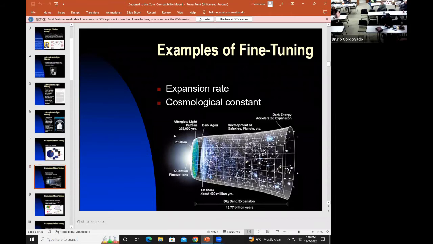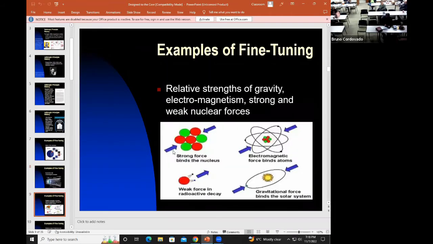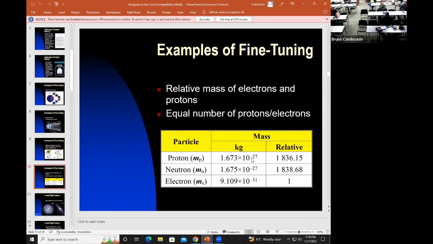And then the rate of expansion has to be a certain value. And you need to have the right strength between the 4 different forces that exist: strong force, electromagnetic, weak force, and gravitational force. And you need to have the right relative mass of protons and electrons. And you need to have an equal number of them in the whole universe.